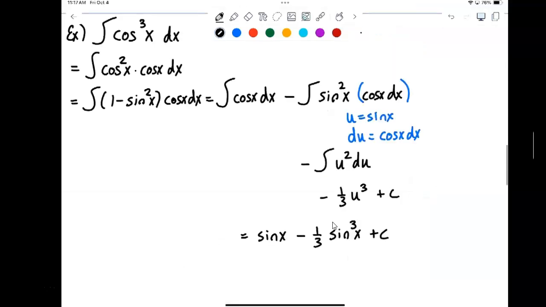So now we know the integral of cosine cubed of x. It's sine x minus 1/3 sine cubed of x. And so it hinged on this idea that I could make an extra piece laying around, and then I was left with the cosine squared laying around, which I could transform into sine, and then work the problem out.